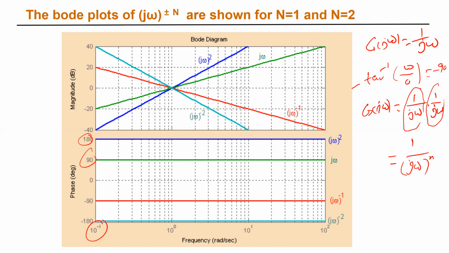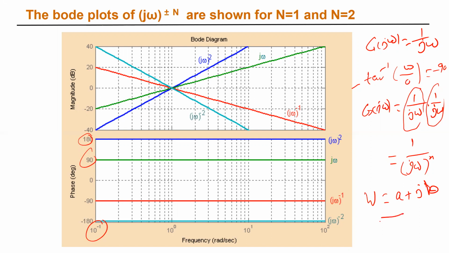Is it j times omega to the n, or all of j omega to the n? No, well, suppose I have a complex number, W equal to A plus jB. What will be the magnitude?